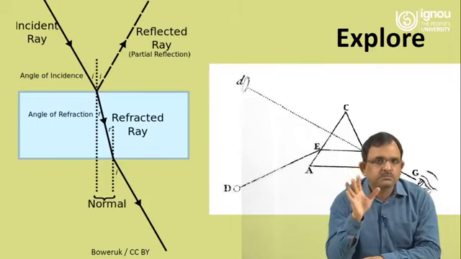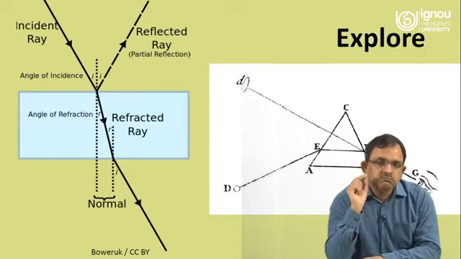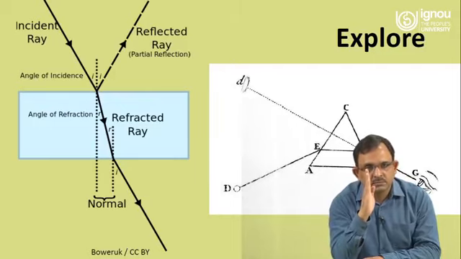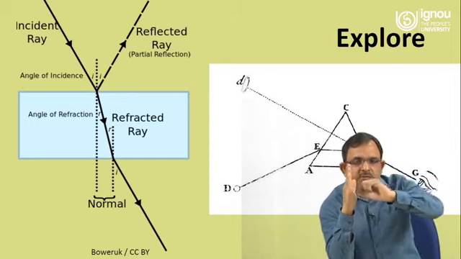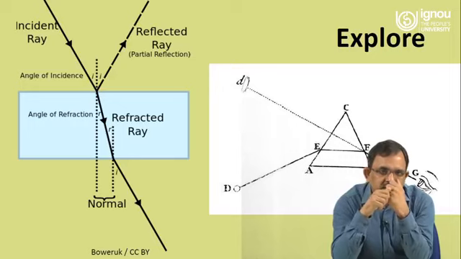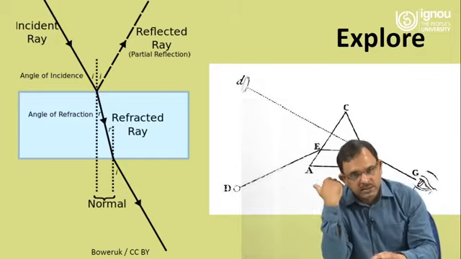Then you draw a straight line, then you draw one incident ray where you put different pins, and you ask your students where they are observing the pins from the other side.